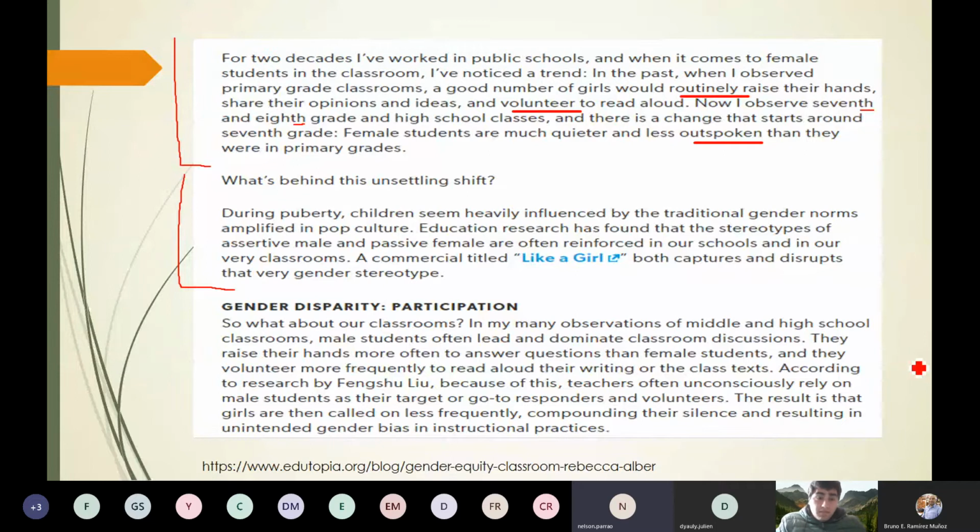Education research has found that the stereotypes of assertive male and passive female are often reinforced in our schools and in our very classrooms. Commercial title like a girl both captures and disrupts that very gender stereotype. Thank you so much, Nelson.